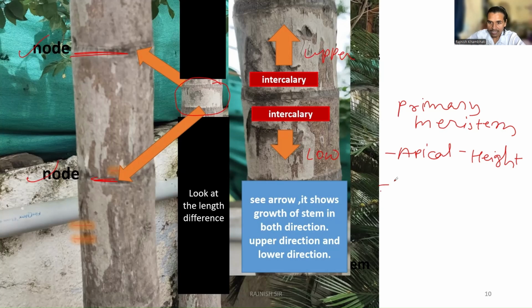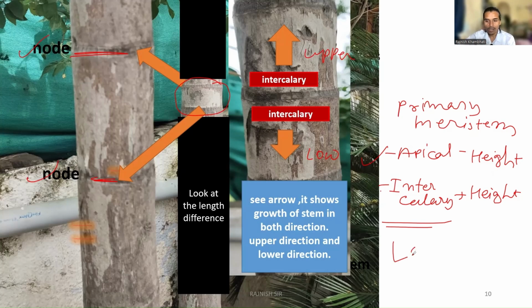And second is intercalary meristem. It is also giving rise to height of a plant. Clear? That means apical meristem is giving height and intercalary is also giving rise to height of plant. So together they both make the plant longer in height.